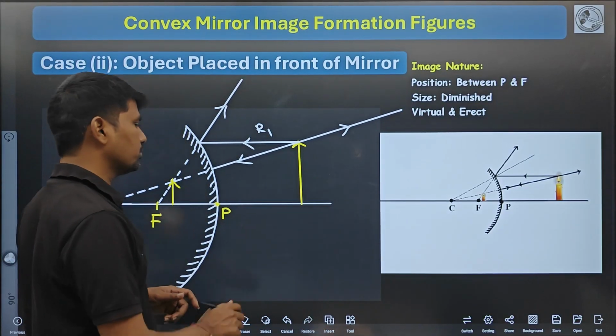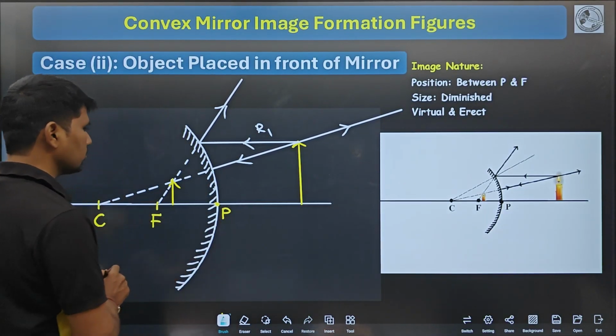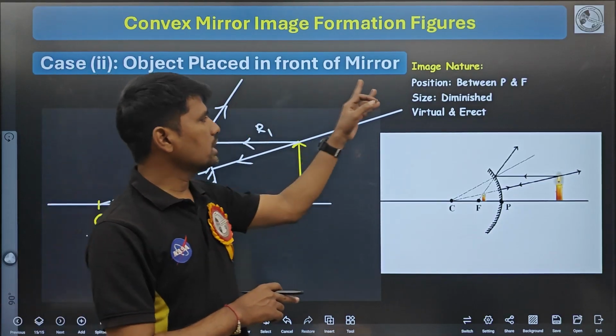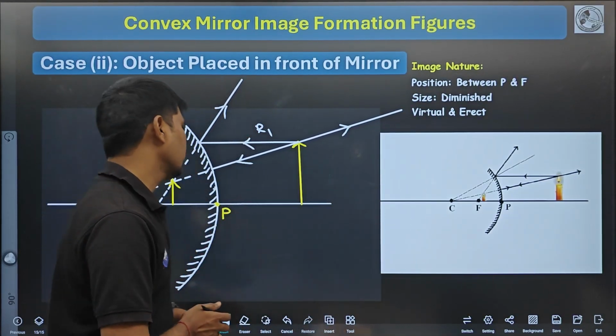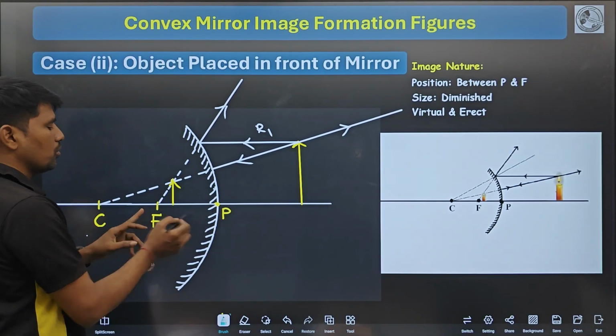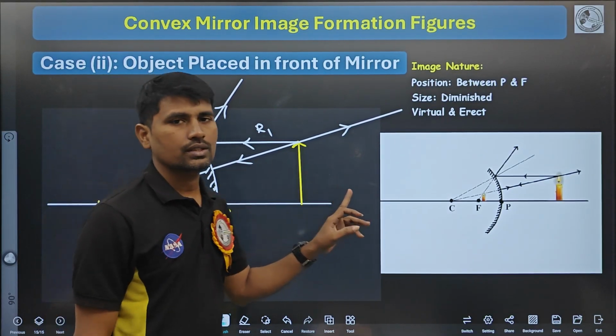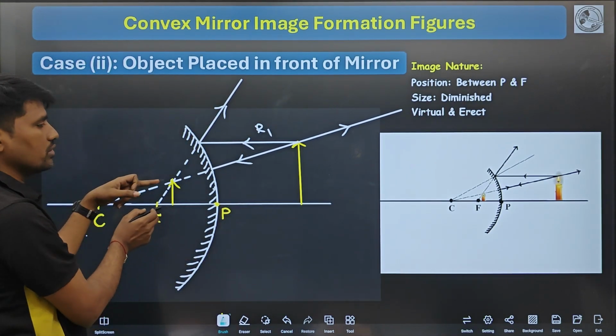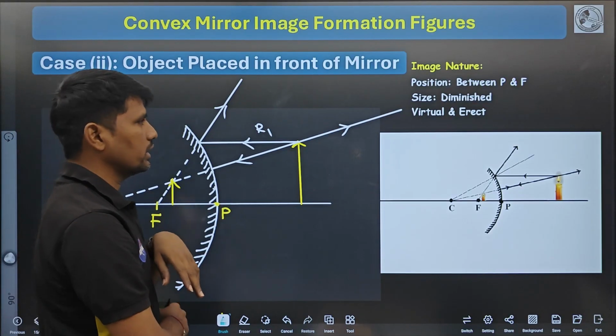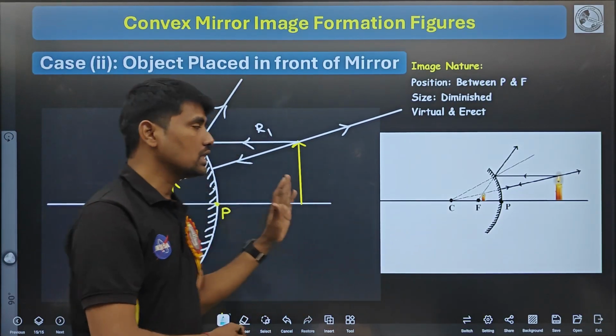So object beyond C. This is object distance. Nature of the image, position, size. Position of image: image formed between pole and focus, and size diminished. So object here we have taken, for example, 3 centimeter, image 1 centimeter or 1.5 centimeter only, we got it. Next, virtual and erect. Virtual means what?